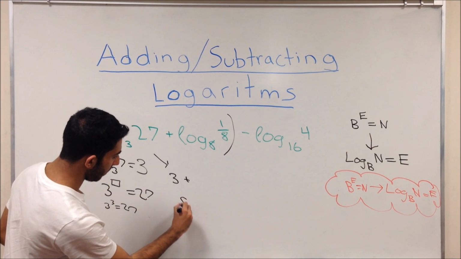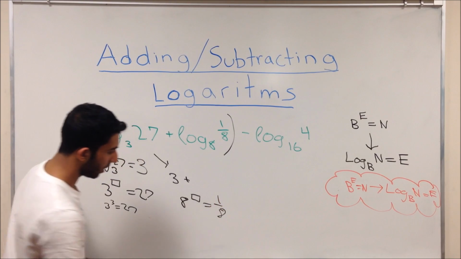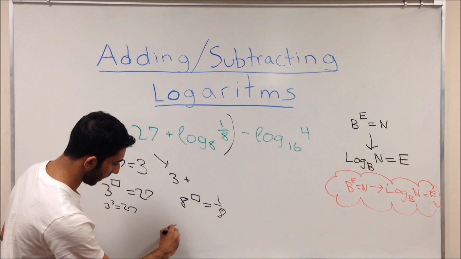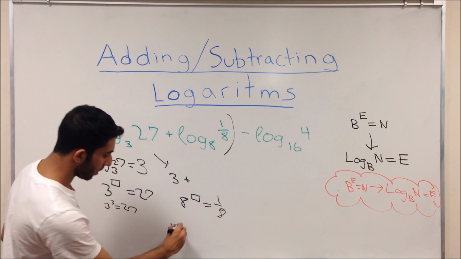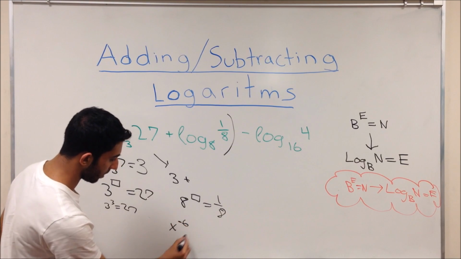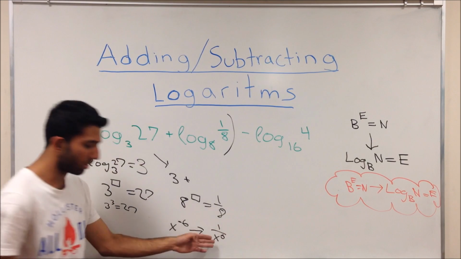So 8 to the what power gets you 1/8? This fraction comes up because whenever you do x to a negative number, let's say x to the -6, you do x to the 6th power and you just put a 1 on the top.